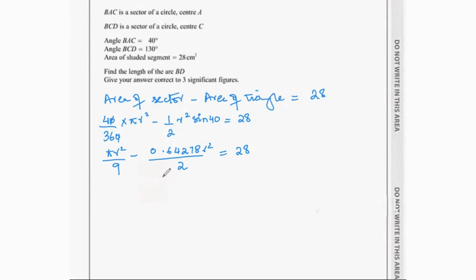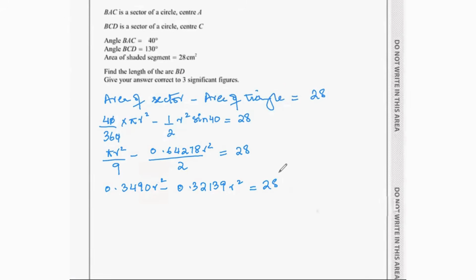So let's solve this. First we do pi divided by 9. That's 0.3490 minus, then we do 0.64278 divided by 2. That's 0.32139 r squared. R squared over here as well equals 28. Let's subtract the two.